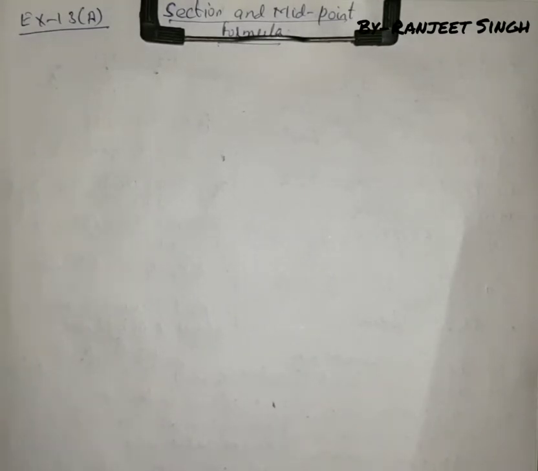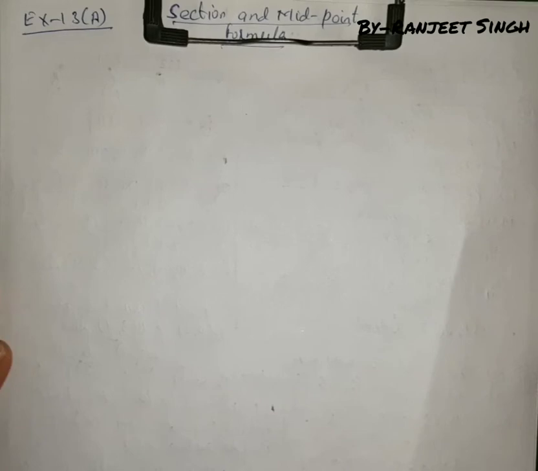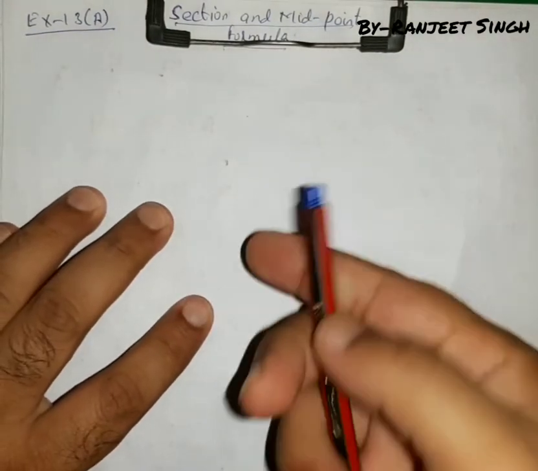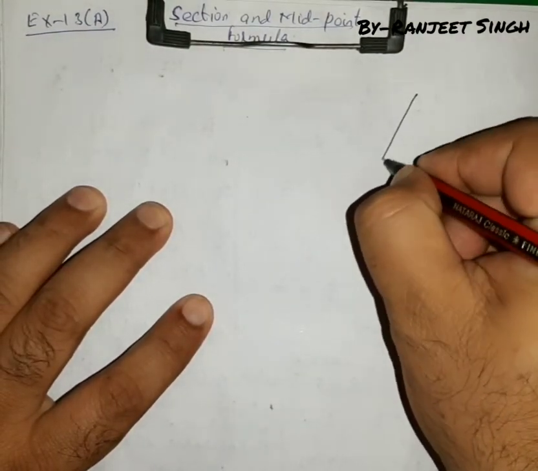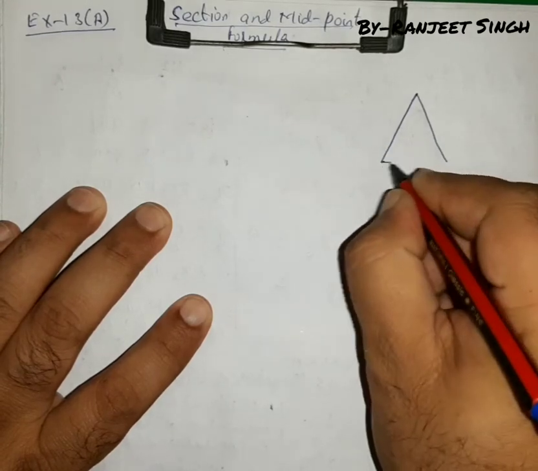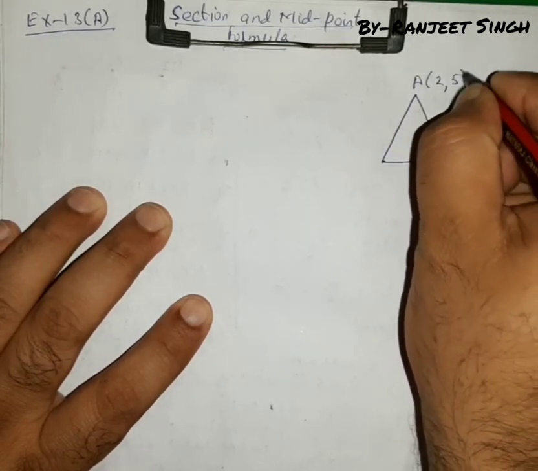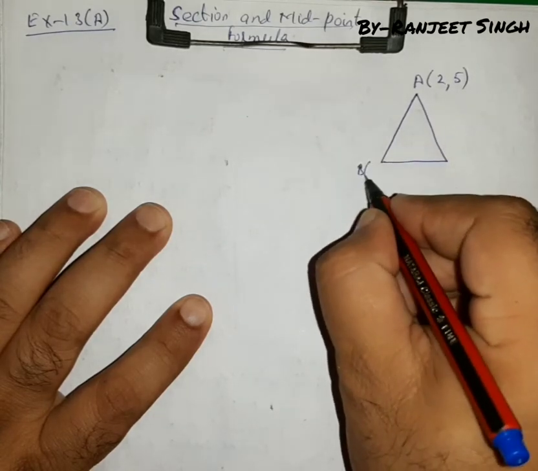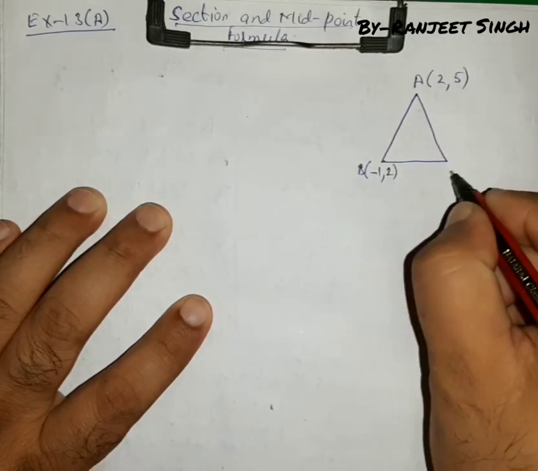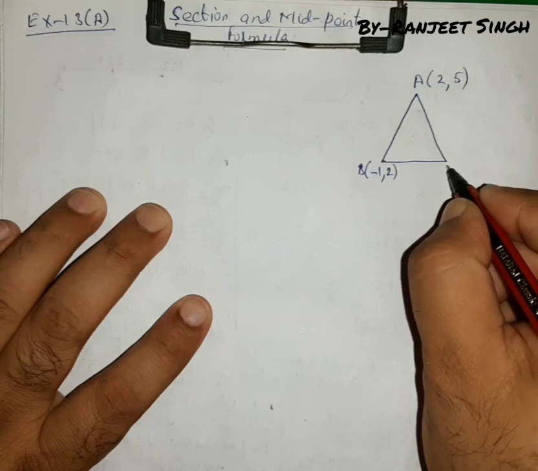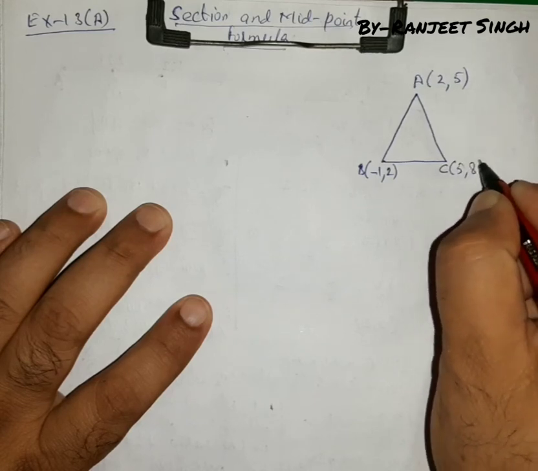So for the solution part, I'm drawing a triangle ABC. In this triangle ABC, coordinates of A are (2, 5), coordinates of B are (-1, 2), and coordinates of C are (5, 8).